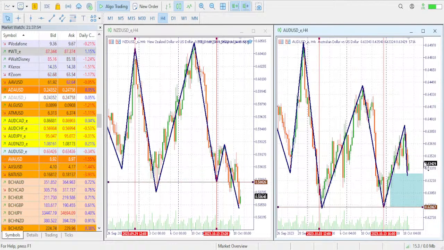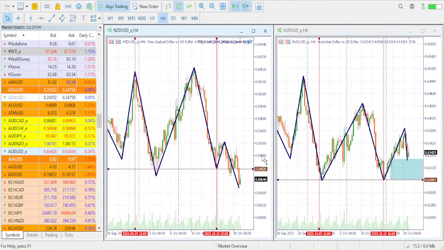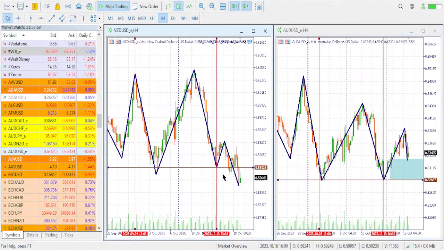And what that means is we are expecting that at some point on NZD-USD, the buyers may come in and push price to the upper side. And also in the very near future, we don't expect that the sellers will push price up to this point. We instead expect that the buyers will come in, push price upwards, most likely up to this point here.